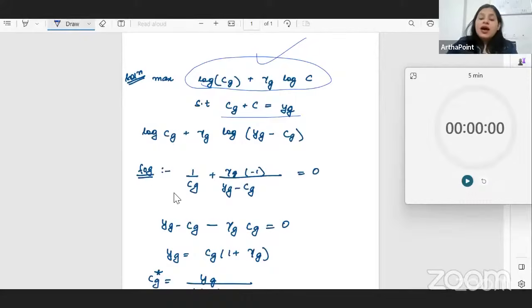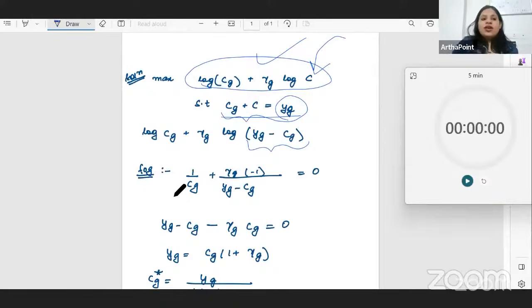Now beta, either solve with Lagrange, or convert this into a single variable problem. That can also be done. So how will I convert this? Public plus private consumption is income. So instead of capital C, I can write income minus private consumption. That is what I have done in this case.